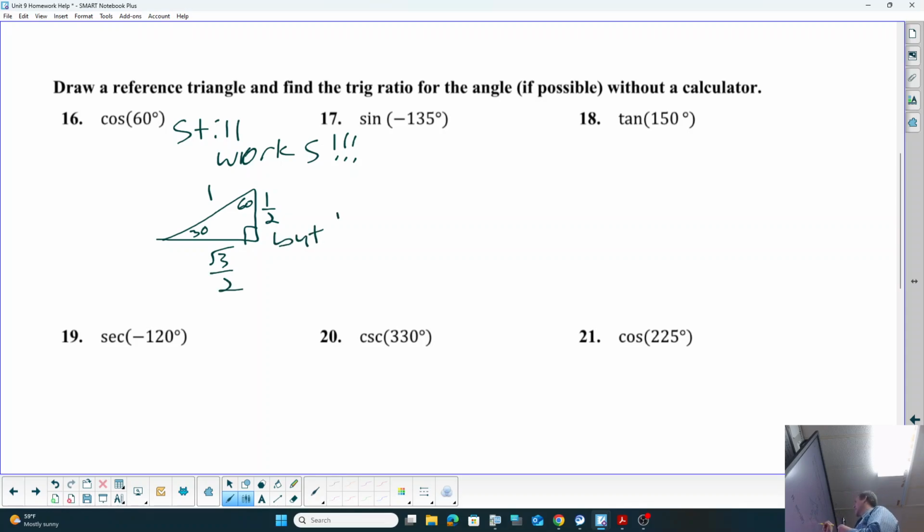But it's easier if you use a different labeling instead.